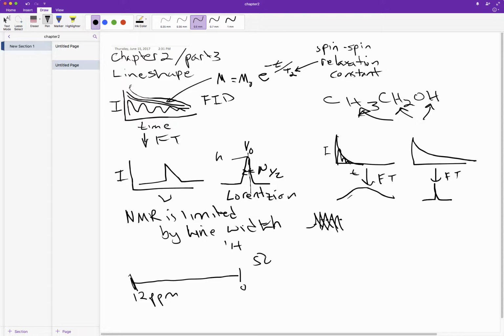And on a 500 megahertz NMR, 1 ppm is going to equal 500 hertz. And so 12 times 500 is going to be 6,000 hertz.